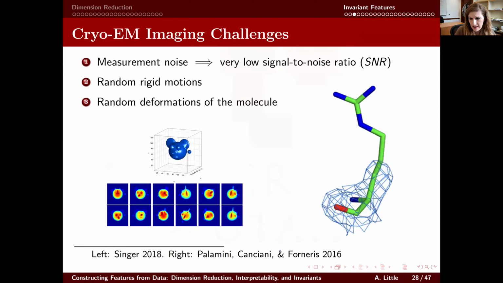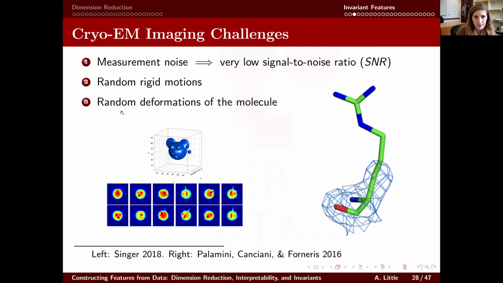Okay, so this is an extremely challenging application for many reasons. So first of all, the low signal to noise ratio, things look very noisy. There are these random rigid motions, like these translations and rotations of the underlying molecular structure, which confuse your observations.